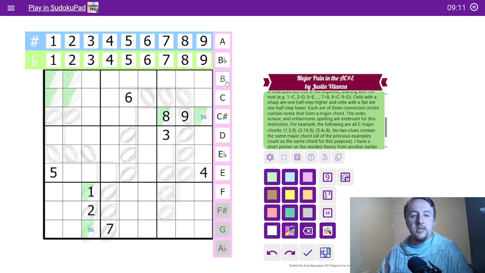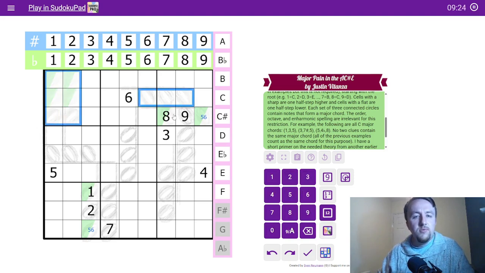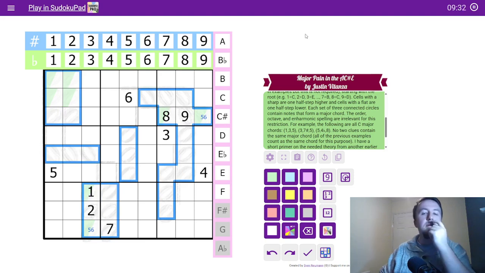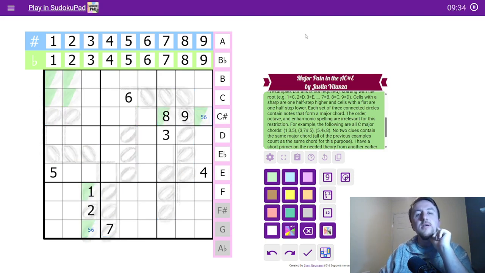B major is just about possible with some sharp flat shenanigans. In fact, how many chords do we have? That's a good question. 1, 2, 3, 4, 5, 6, 7, 8, 9, 10. Right, so we do have a lot of chords. So chords like B major will be difficult because B major will require 2 modifiers.